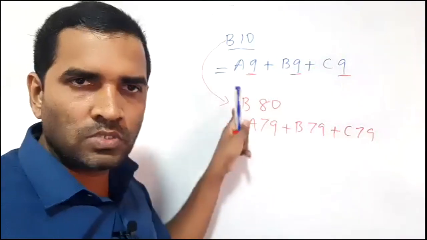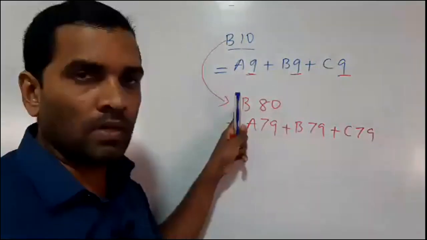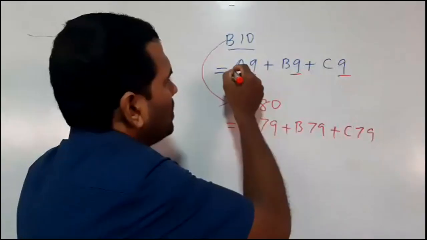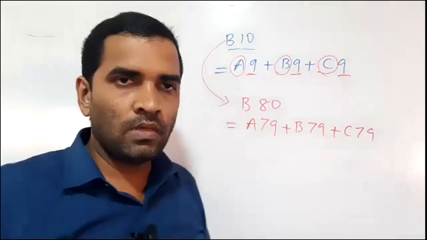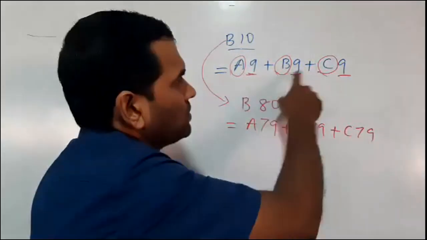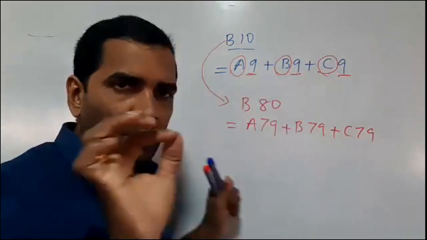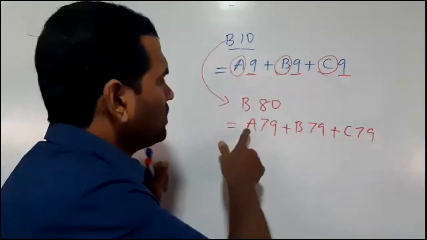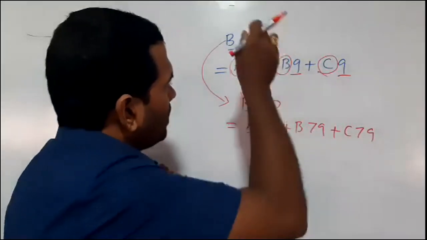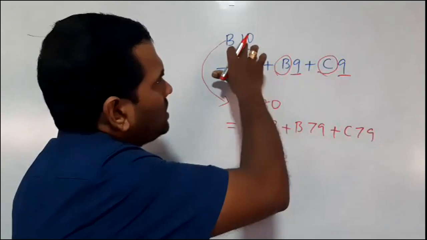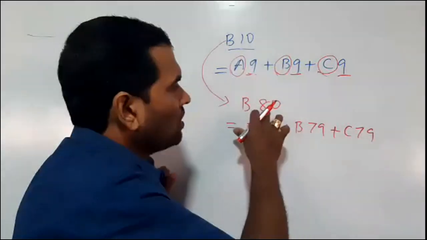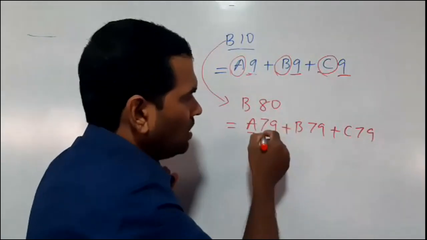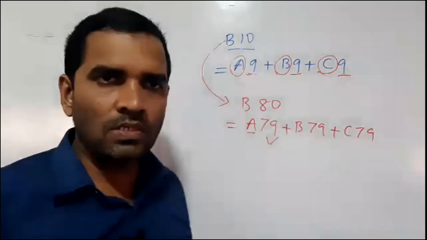Still we are in the B column. So now you should understand that A is not changed, B is not changed, C is not changed. Only the row number is changed. So we have to identify that. When we were in B10, it's A9, one short. So here, when we are in B80, definitely it is 79.